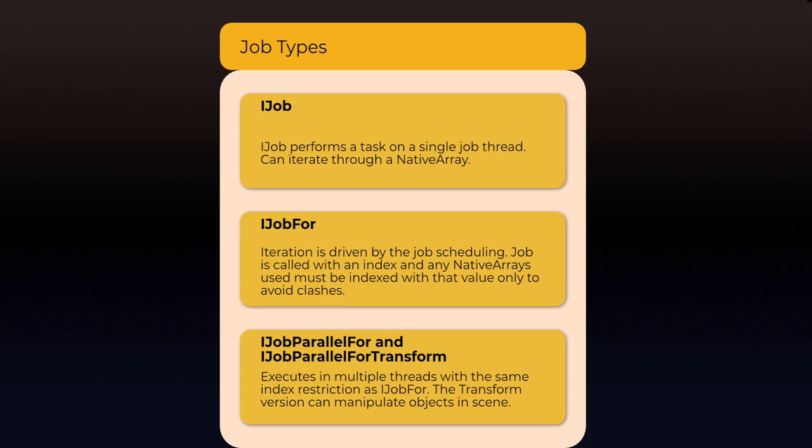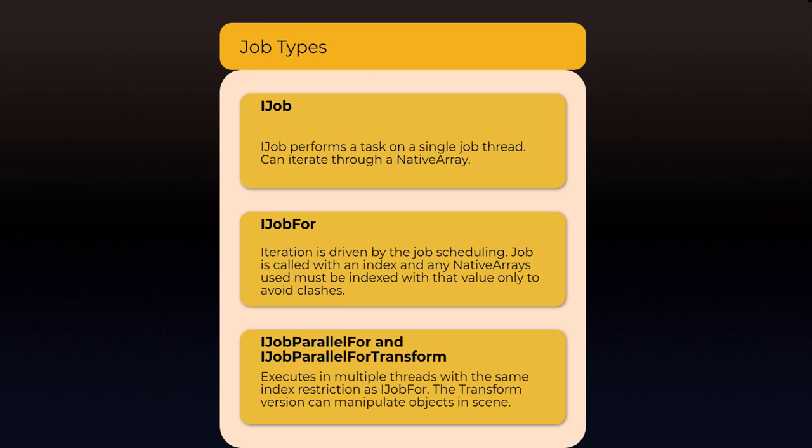I guess if you go with an IJobFor type job, if you use that particular interface to define your job, then you have the freedom to make it parallel or not, and that's a decision you can make. But I have tested through the profiler, and indeed these things work as they are documented to work, which means that if you do an IJob, that only runs on one worker thread.